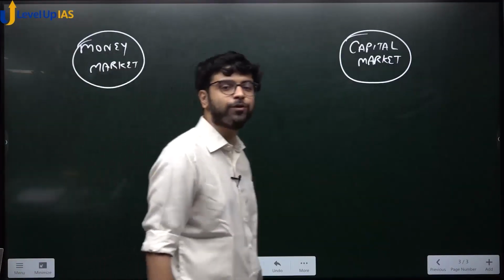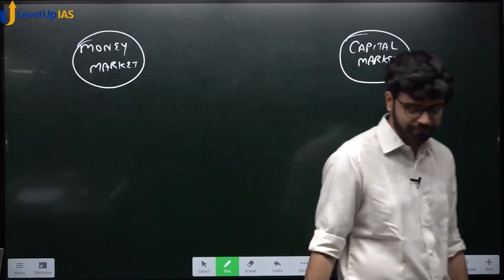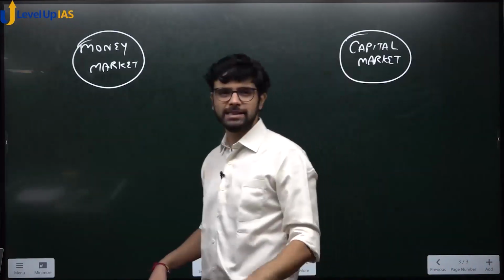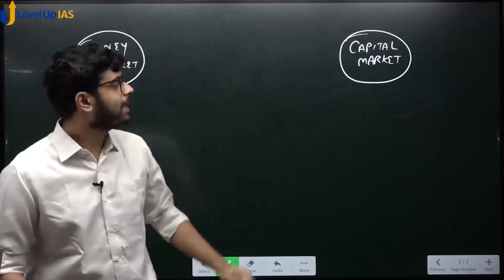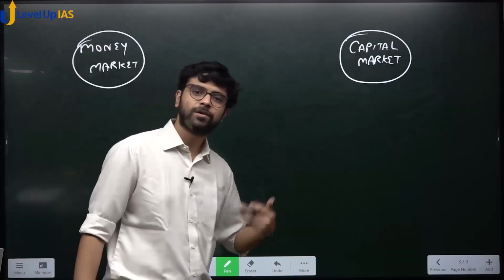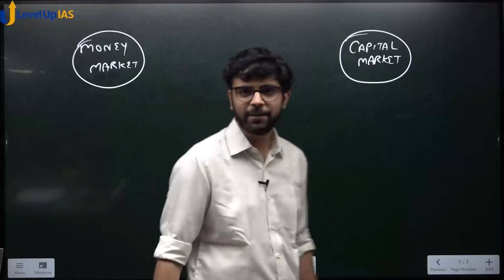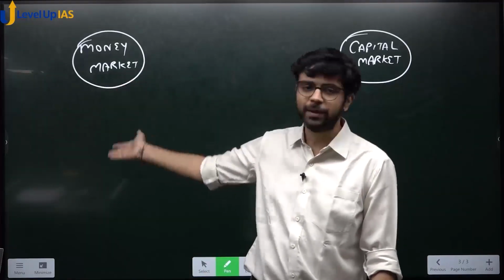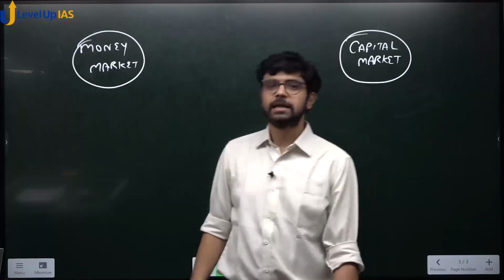What is capital? I hope you know what is capital. Funds. Basically money and capital are more or less the same, more or less. But capital includes something other than money also, other assets also come under capital. Money is very liquid, yes or no? By the nature of the name you should understand this is money, right?